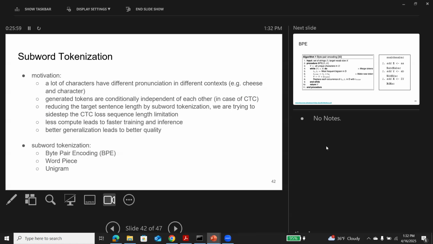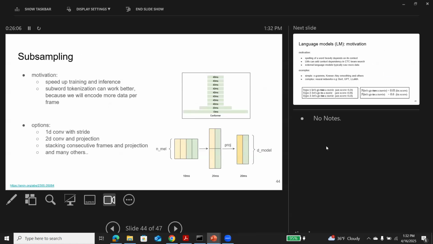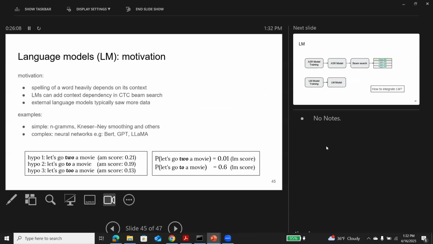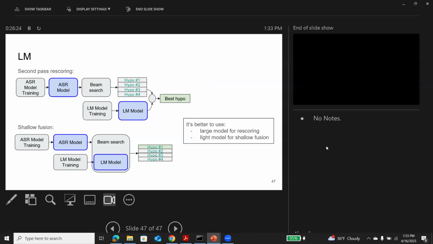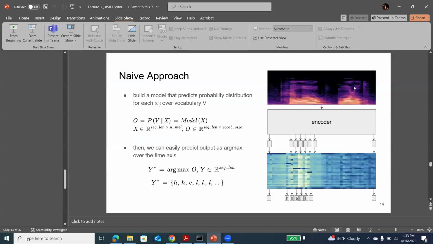Instead of predicting characters, we can predict tokens. This is how a language model can be used for prediction. I told you about the simplest approach, just post-processing, but in practice, these language models are also used inside the architecture.